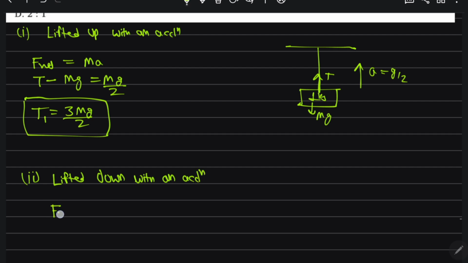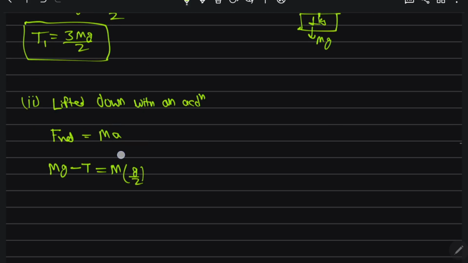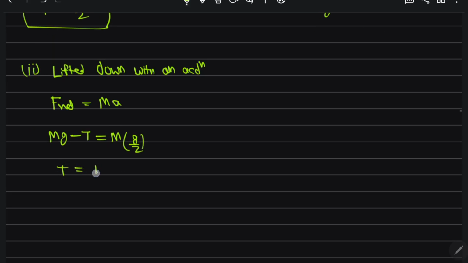So F net is equal to mass into acceleration. So here mg minus T is equal to m g by 2. So here T comes out to be mg by 2.